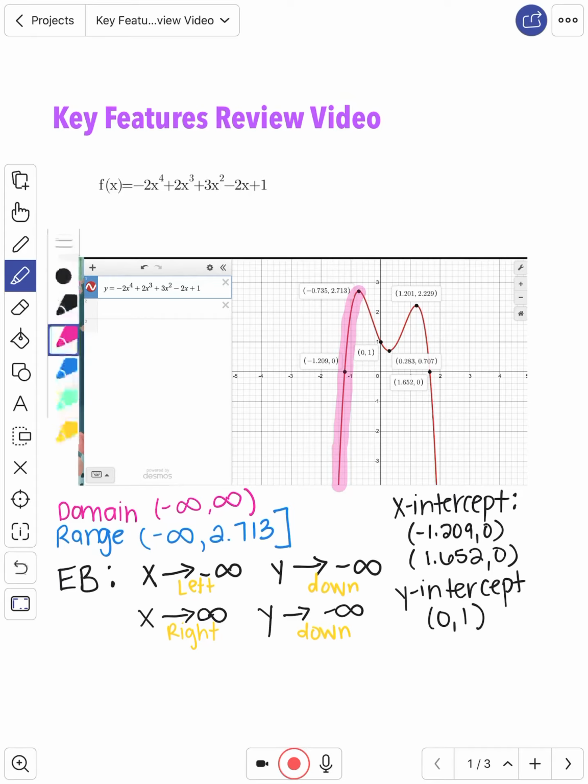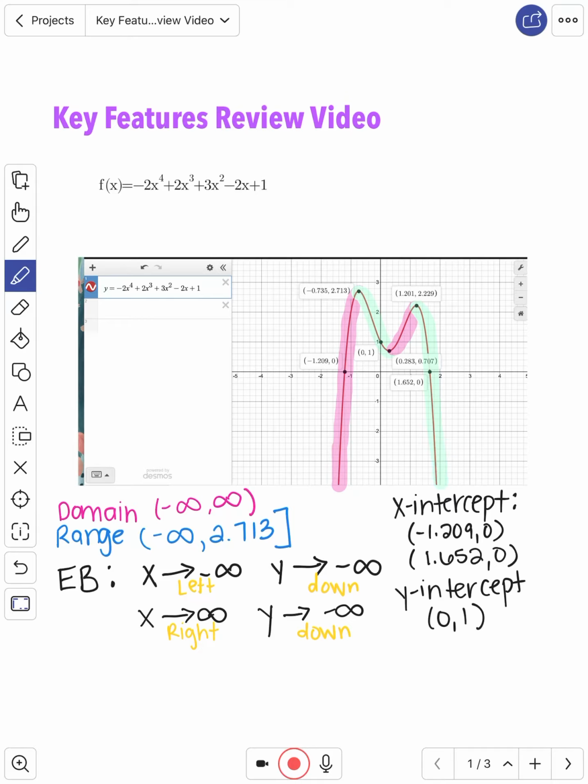Now, as that point changes direction, I'm now going to be decreasing. And then at that next point, I'm changing direction again. I'm just going to be increasing. And then finally, I'm decreasing again. So I'm actually increasing twice here and decreasing twice.